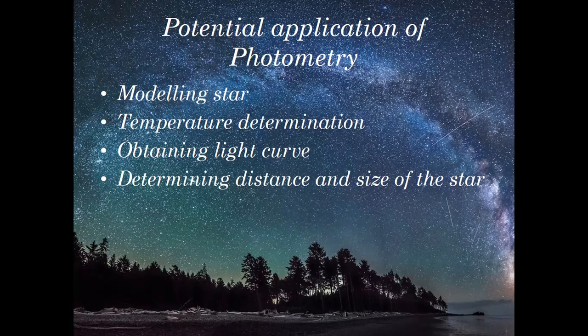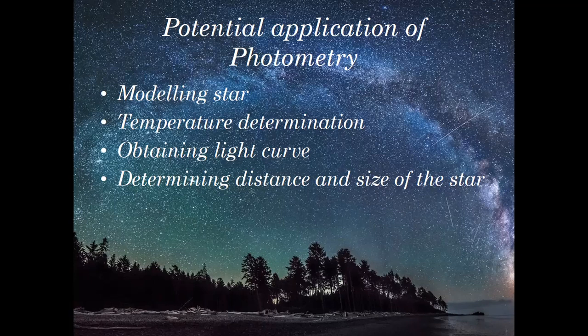Just by giving some basic treatment, you can convert flux into energy. So once you get flux as a function of wavelength, you can soon convert it into energy as a function of wavelength. And once you get the energy distribution of a star, it becomes very easy for you to model that particular star. So using photometry, you can easily model the stars.